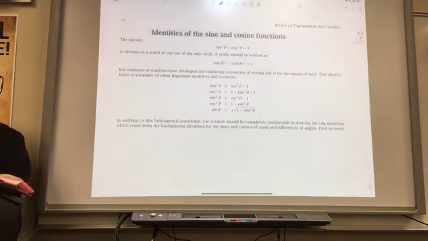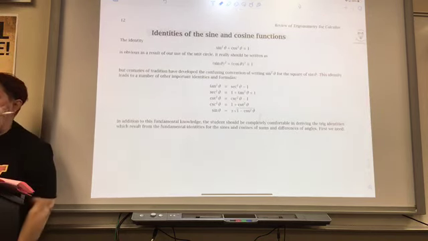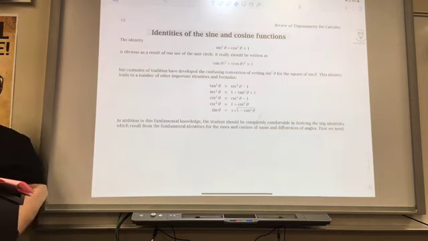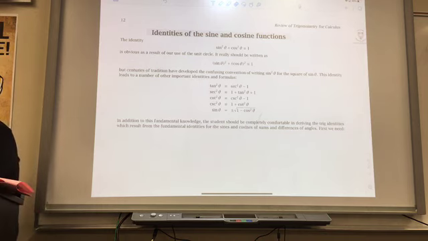Okay, we're on page 11. We don't really need this stuff a lot in Calc. We will get to it in the polar equations unit.